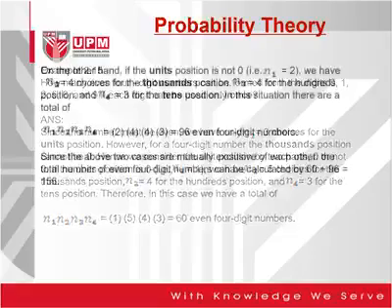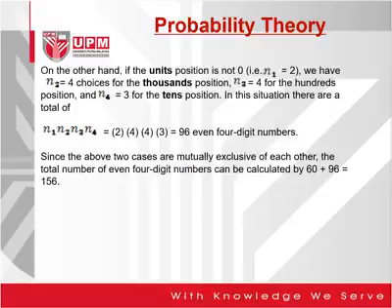On the other hand, if the unit is not 0, we only have two choices, 2 or 6. So the unit choices is 2. But at the same time, we don't want to place 0 in the thousand position.